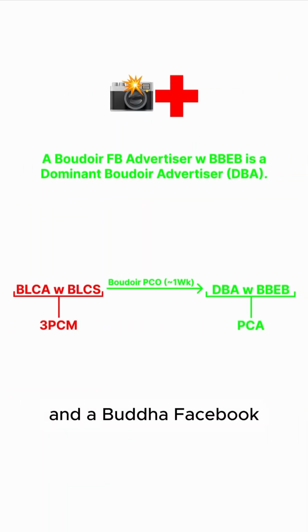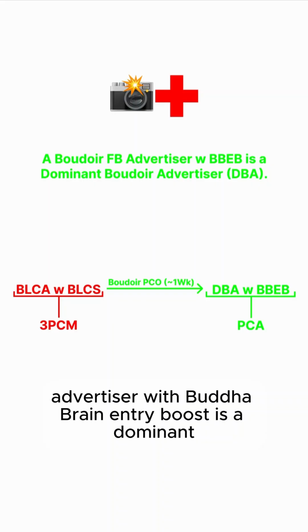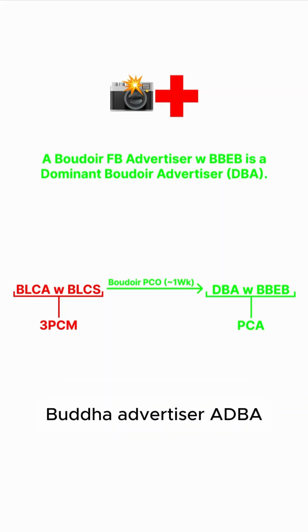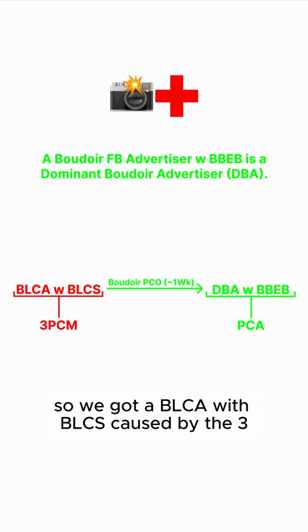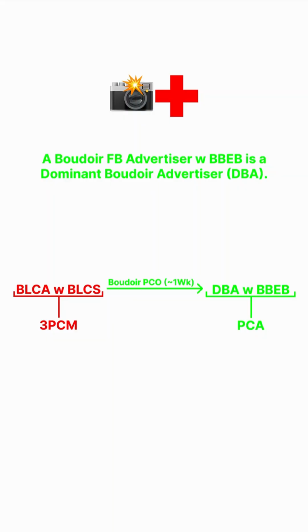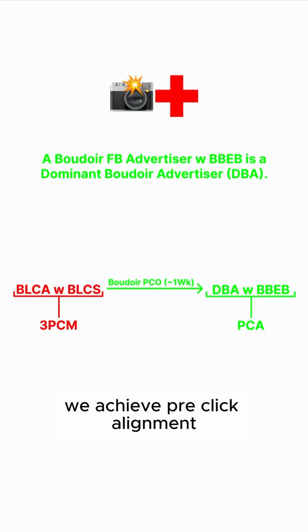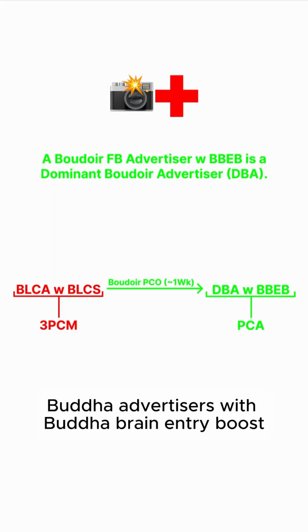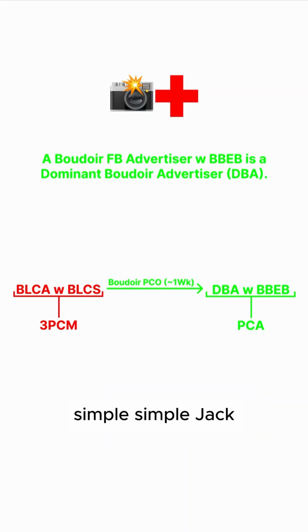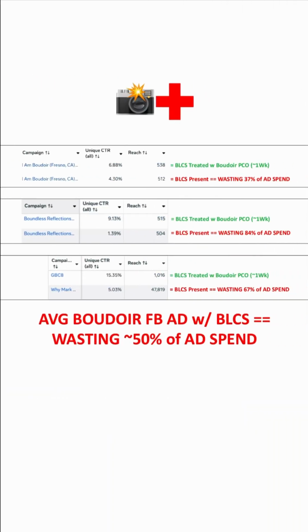And a Boudoir Facebook advertiser with Boudoir brain entry boost is a dominant Boudoir advertiser, ADBA. So we got a BLCA with BLCS caused by the 3 pre-click mistakes. Treat that with Boudoir Pico. It takes about a week. We achieve pre-click alignment. We become dominant Boudoir advertisers with Boudoir brain entry boost. Simple, jack.